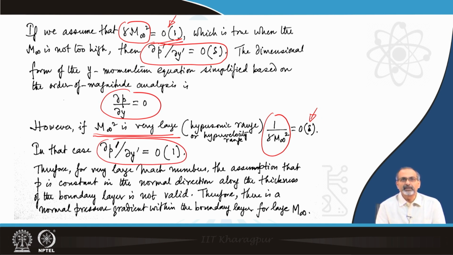Therefore, for very large Mach numbers, the assumption that the pressure is constant in the normal direction along the thickness of the boundary layer is not valid, and there is a normal pressure gradient within the boundary layer for large M infinity. This is a significant difference in compressible boundary layer in the high Mach number limit.